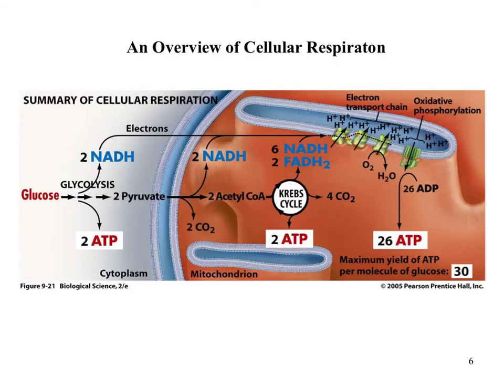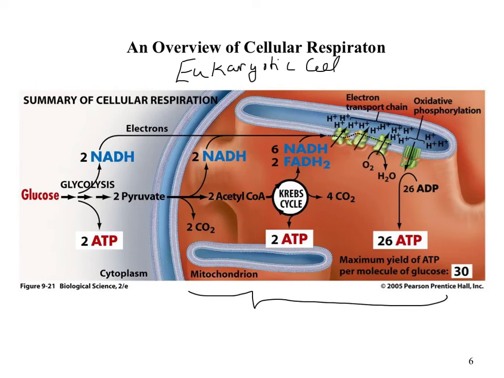Just to do a recap and to think about where things are occurring, we had glycolysis, and this is from the point of view of a eukaryotic cell. Okay, and so this is a mitochondria or mitochondrion, a small organelle within the context of the cell.